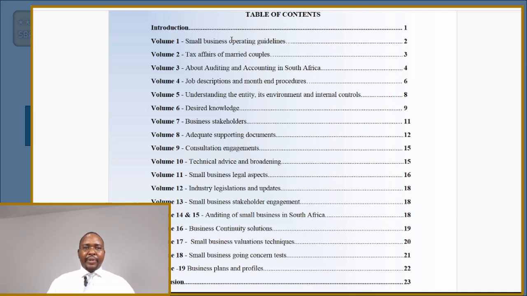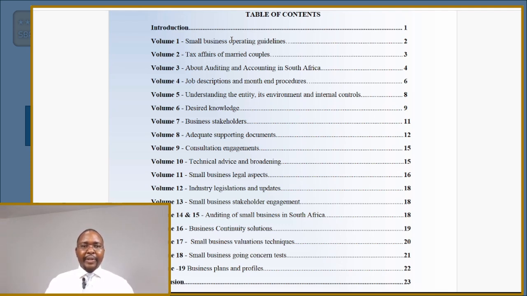Then volume 6 will deal with the desired knowledge. Then volume 7 will deal with business stakeholders. Then volume 8 will deal with a big file with supporting documents. Then volume 9 we'll deal with consultation engagement.